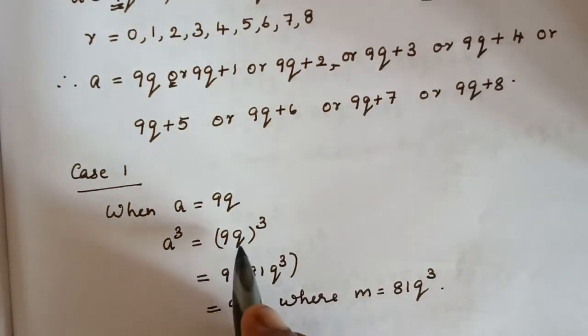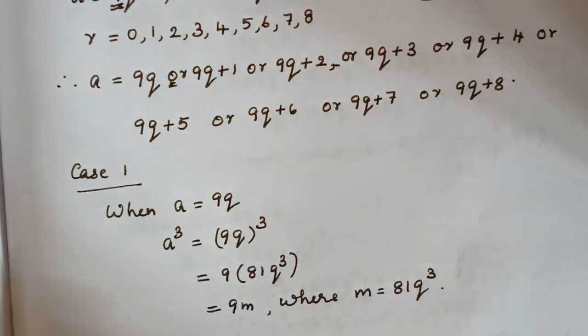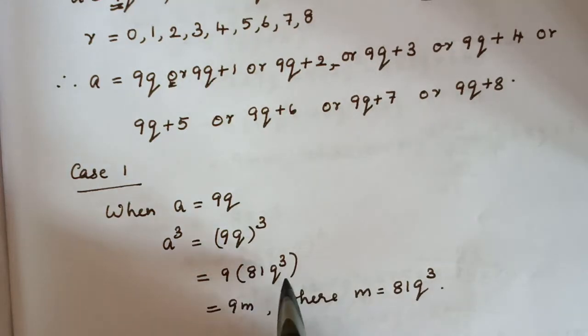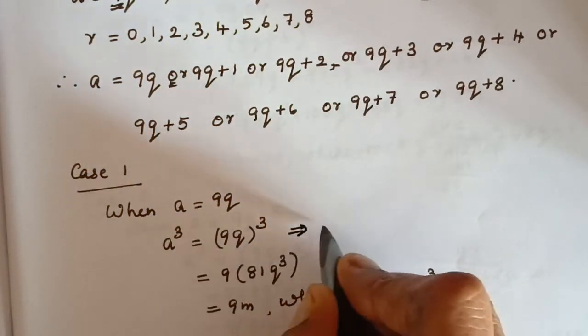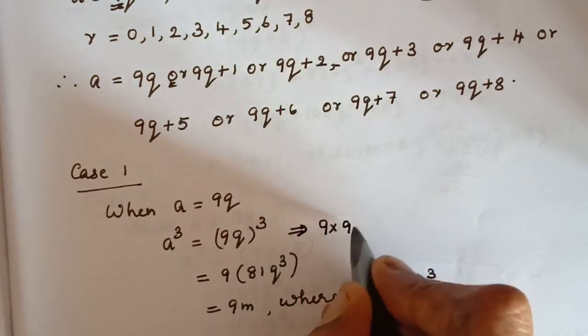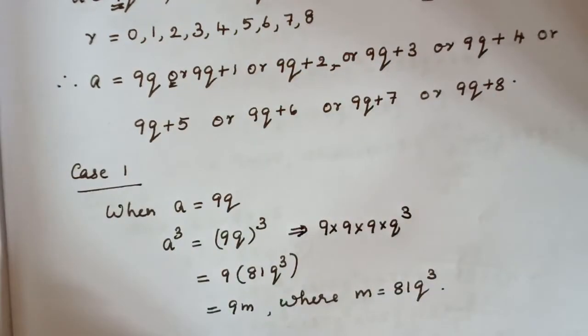So a cube is equal to 9q the whole cube. This can be written as 9 into 81q cube, because 9 into 9 into 9 into q cube.